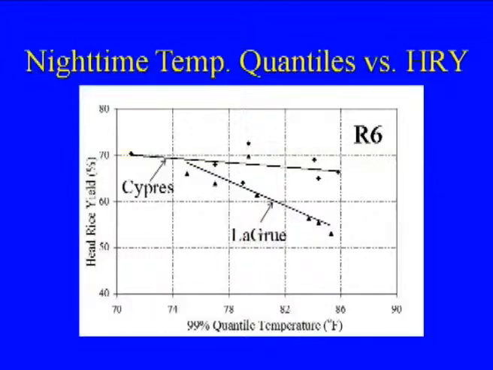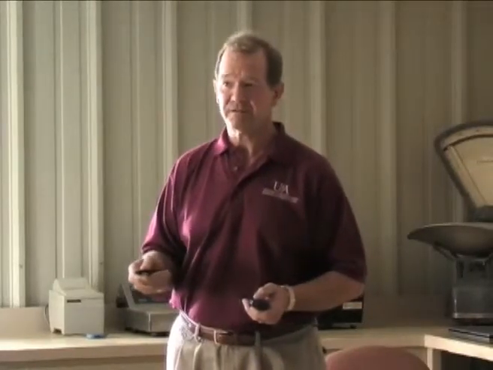First of all, let's look at LeGroux, a variety that we know is susceptible to head rice yield reductions. You can see very clearly the higher the quantile temperature, head rice yield fell off very, very rapidly, even down into this range where we were seeing peak head rice yields of around 50%.